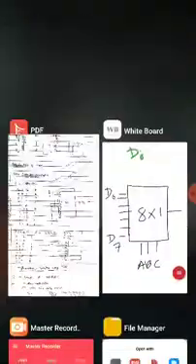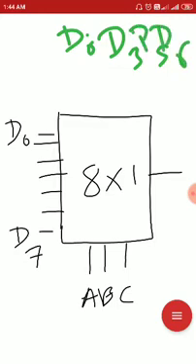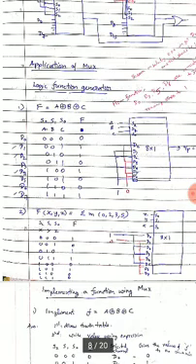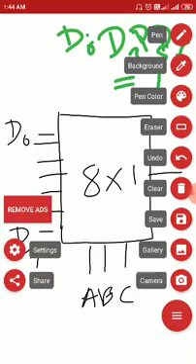Okay, 0, 3, 5 and 6. D0, 3, 5, 6. So these pins we can connect to, depending from the table you can see the values are 0, and for the remaining values the output is 1.